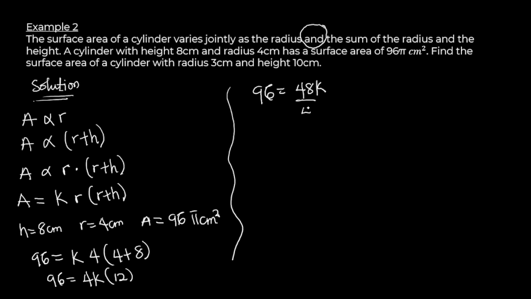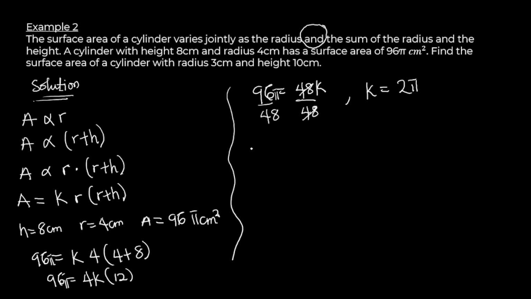If I divide through by 48 to get the value of my constant, my K will be equal to, remember to add your pi, 96 pi divided by 48, which gives 2 pi. This means that my variation constant is equal to 2 pi.